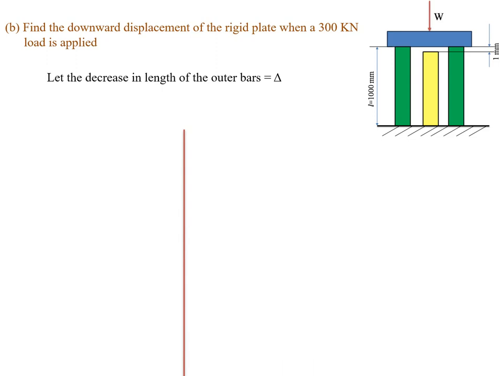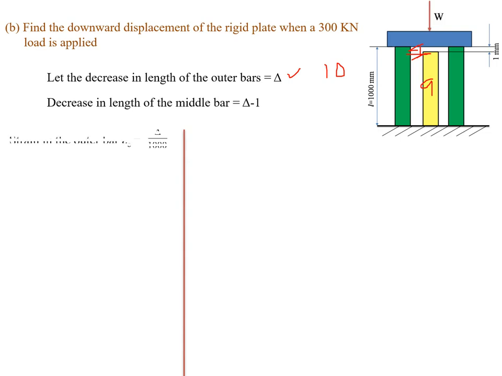Obviously it will be delta minus 1. For example, if the deformation of the outer bar is 10 mm, then it will be 9 mm in the middle bar. Why? Because the gap is 1 mm. So if the deformation in the outer bar is delta, then the deformation in the middle bar is delta minus 1.